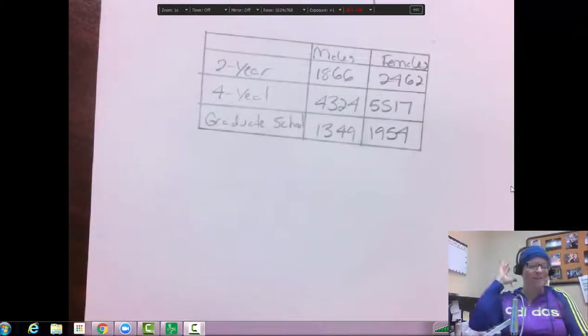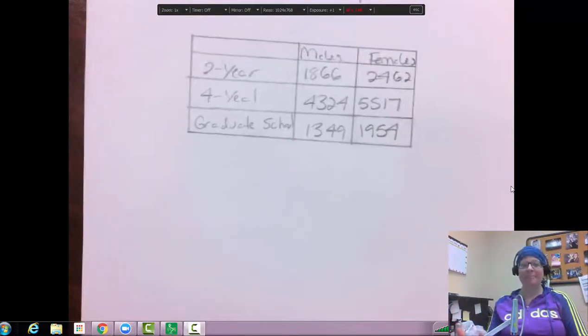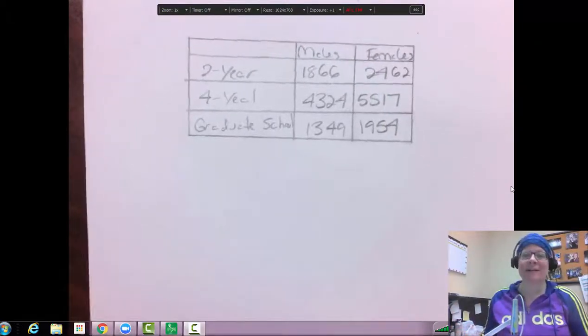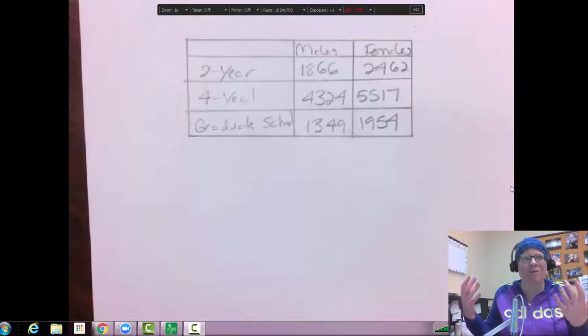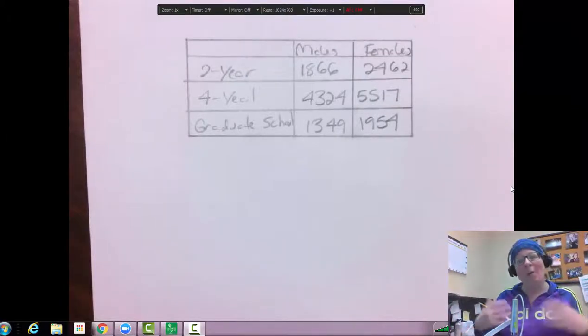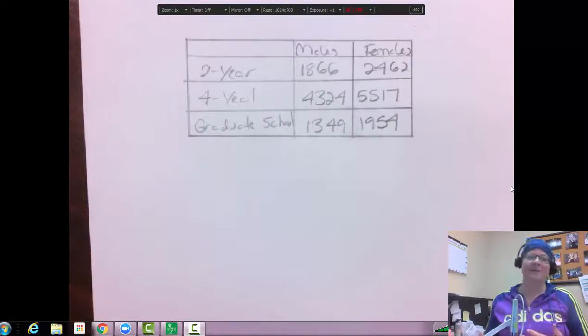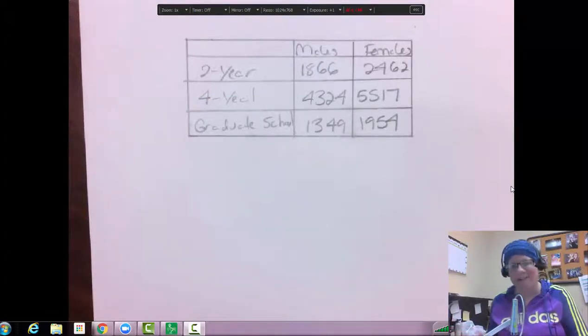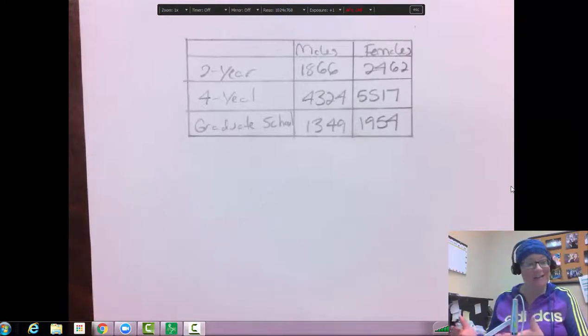So here is an example of this table, and let's do a couple conditional probabilities for this. First of all, the word sample space comes up. Sample space is how many possible outcomes you have, and it's always our denominator in our probabilities. If you're rolling a dice, you have 6 options, so 6 is your sample space.